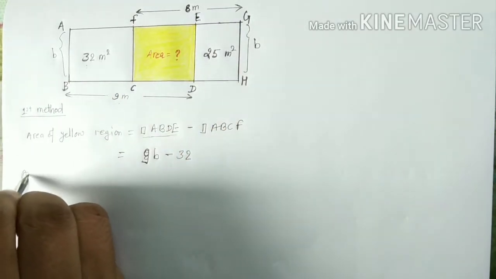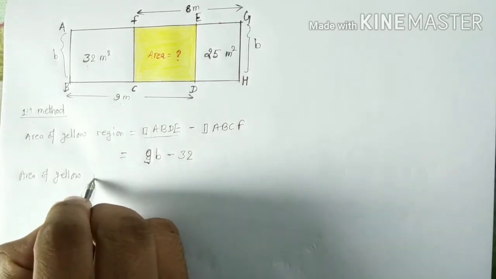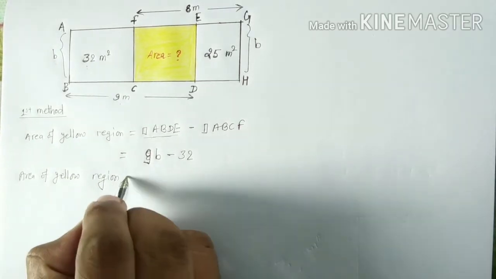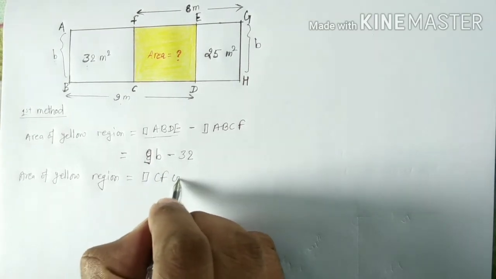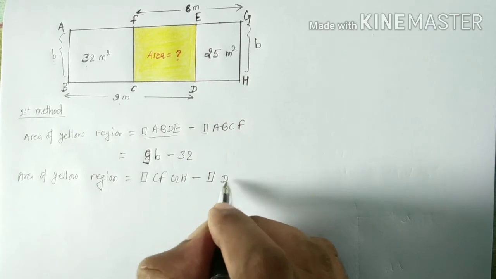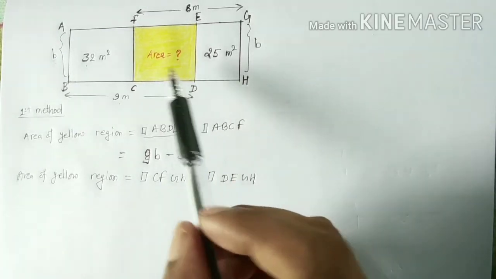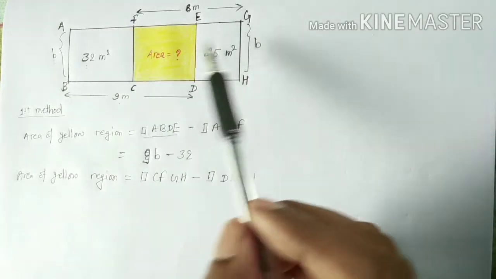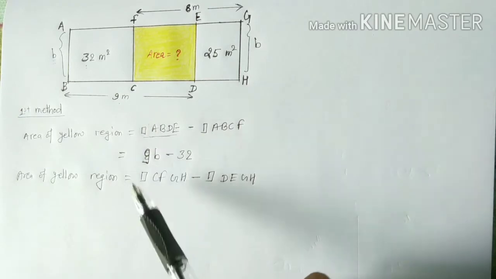So again the area of yellow region is equal to quadrilateral CFGH minus area of quadrilateral DEGH.